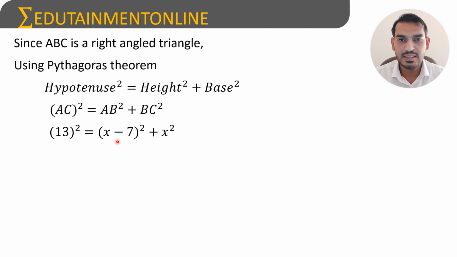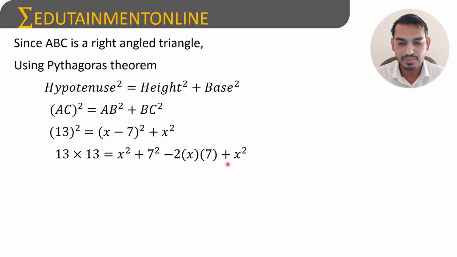Now expanding this (x minus 7) whole square, which is in the form of (a minus b) whole square, equals a square plus b square minus 2ab. So it will be written as x square plus 7 square minus 2 into x into 7. 13 square is 13 times 13, which is 169. Now 7 square is 49, 2 times 7 is 14, so minus 14x plus x square.